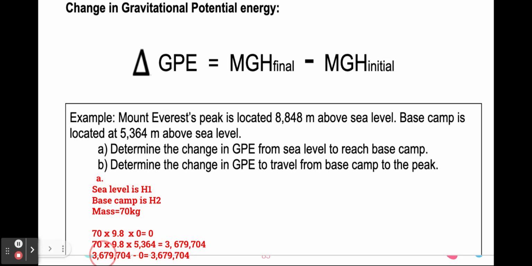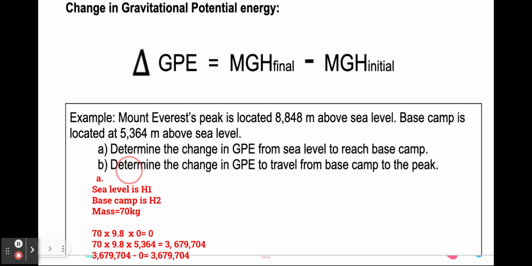So at the end, I would subtract those two. I would take the 3 million number minus 0, and my answer is 3,679,704 joules. That is your change in gravitational potential energy from sea level to base camp.